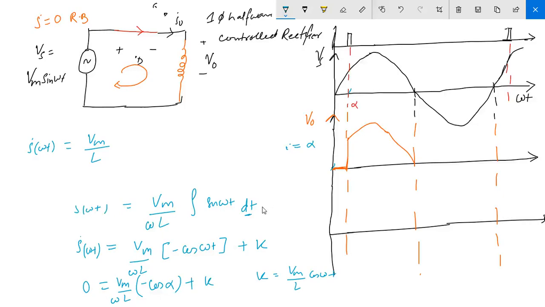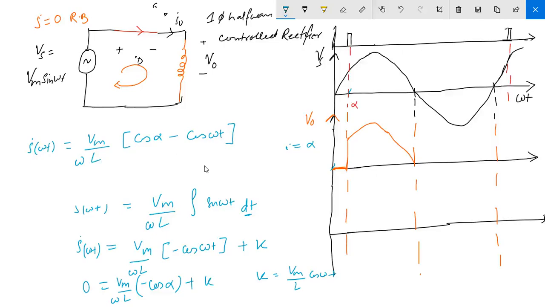So dt goes there, not omega. So with respect to omega, you have to leave omega here. So your final equation is Vm by omega L times cos alpha minus cos omega t. That will be your I of omega t equation.